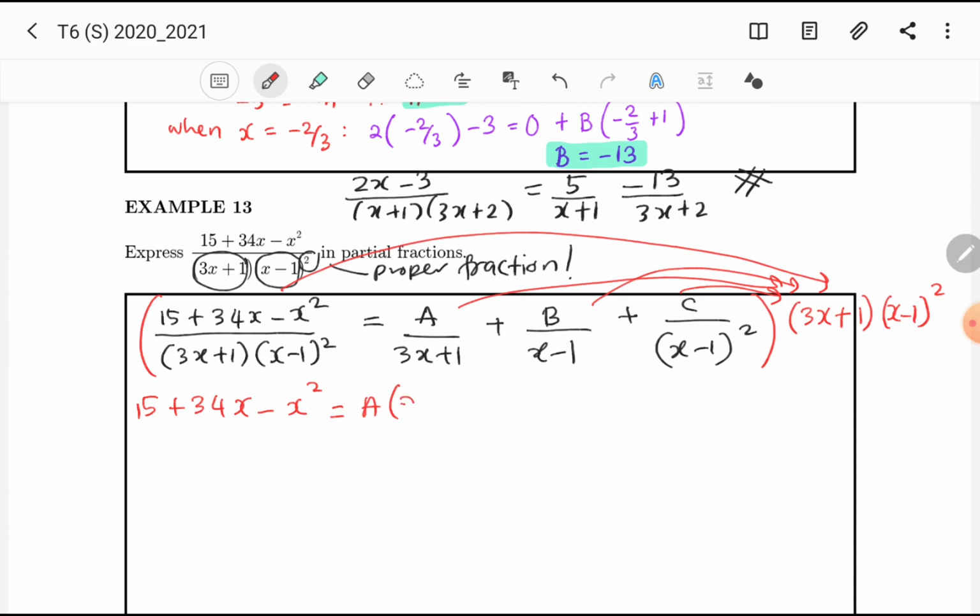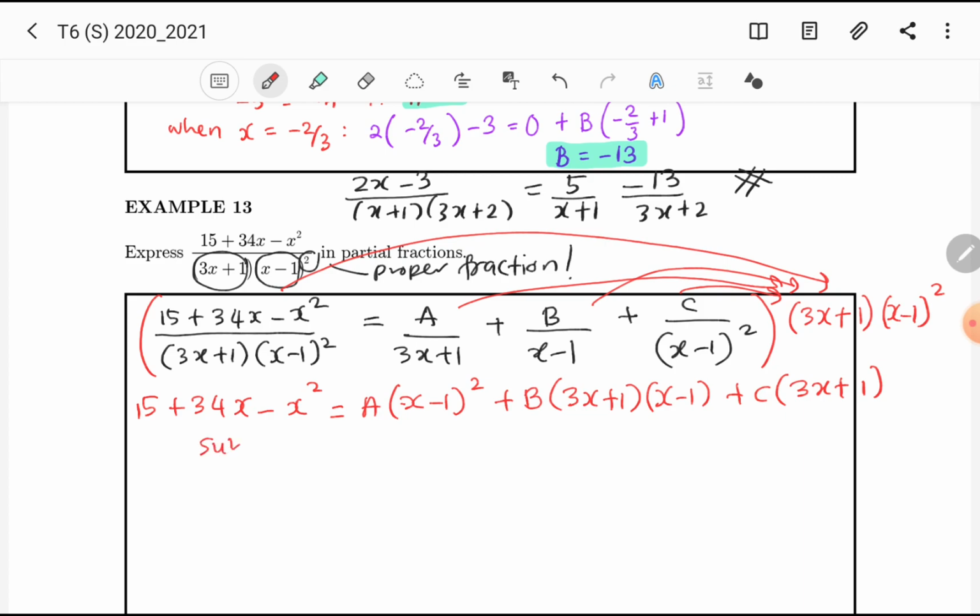So apa yang tinggal? X minus 1 squared plus b, darab ke sana. So 3x plus 1 and another one, x minus 1 plus c times, potong dengan yang kita tulis yang merah tu. So kita akan dapat c times 3x plus 1. Okay ke? Okay.